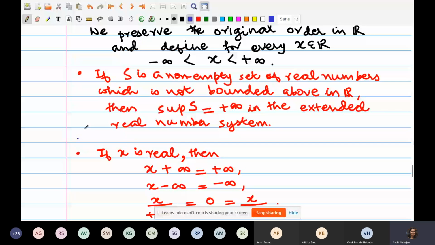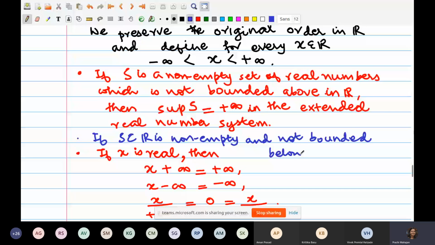So I just write that if S, a subset of R, is non-empty and not bounded below in the set R, then the infimum of S is said to be in the extended real number system.